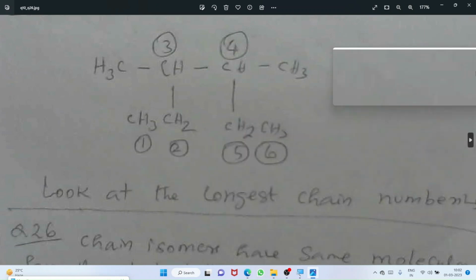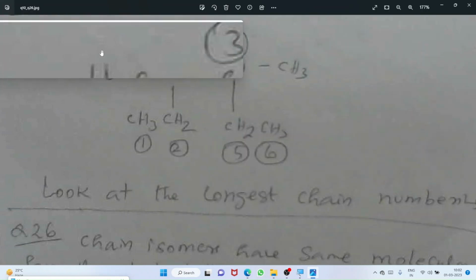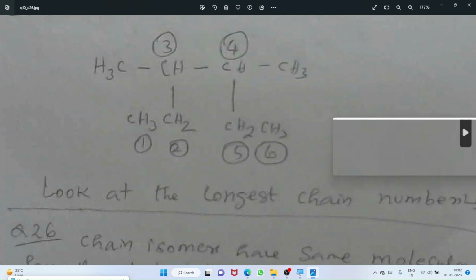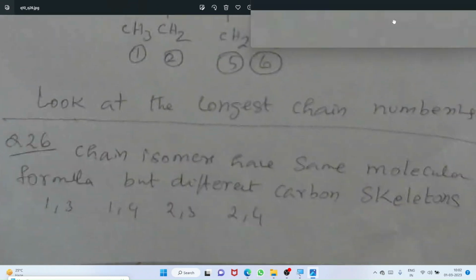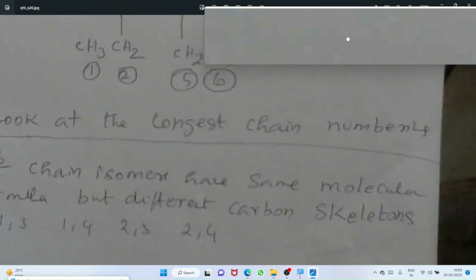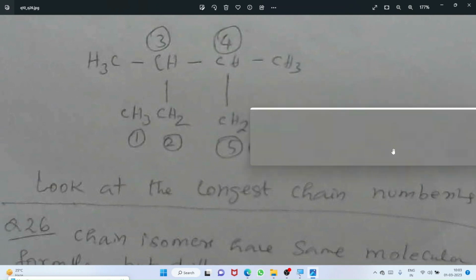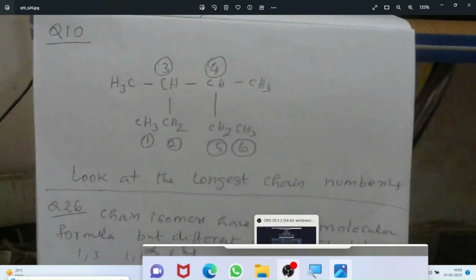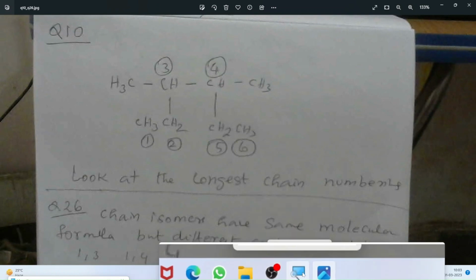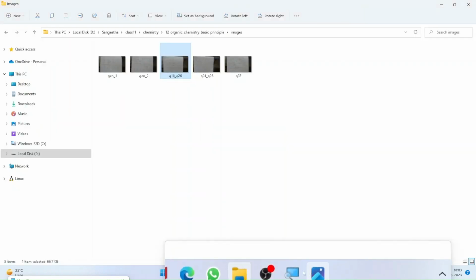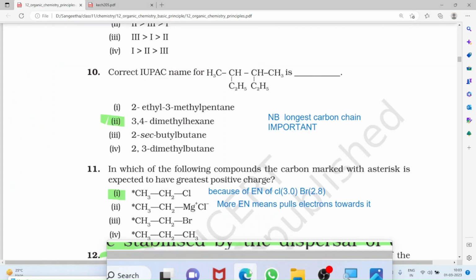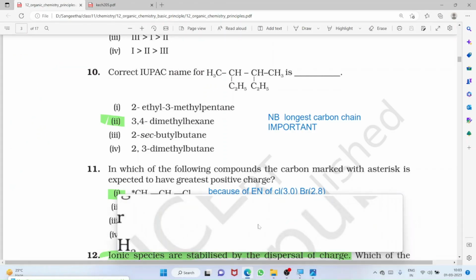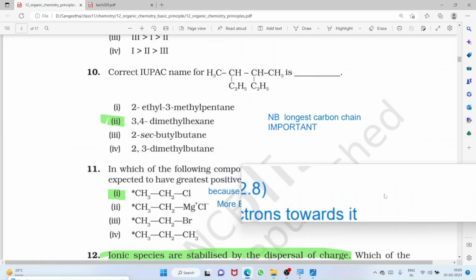Like that you have to number, not on the other side. So you have to number like this. Look at the longest chain numbering. Okay, this is how you have to number it. Based on that, this is the correct answer.